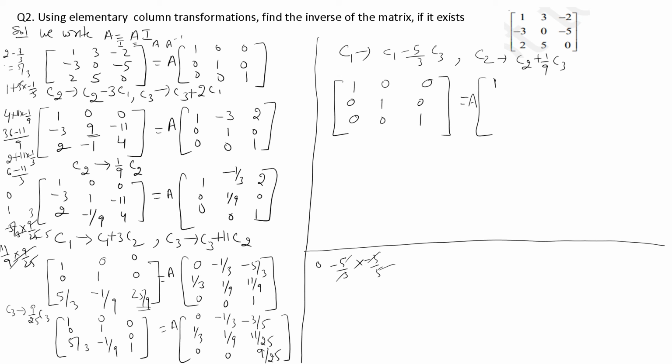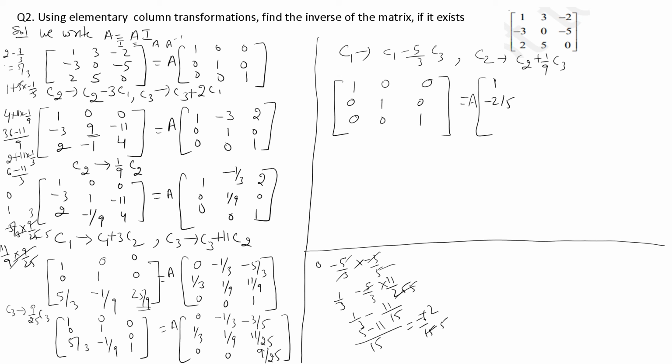And then C1 minus 5 by 3 times this C3. So this is 1 by 3 minus 11 by 15. So this is 15. So this is minus 6 by 15. 3 5s are 15. So this is minus 2 by 5. Okay. So this is your minus 2 by 5.